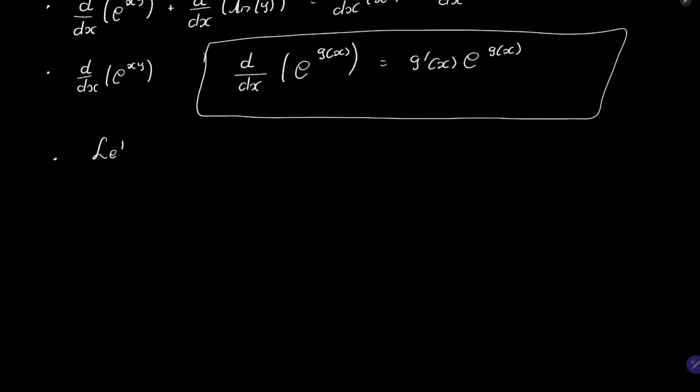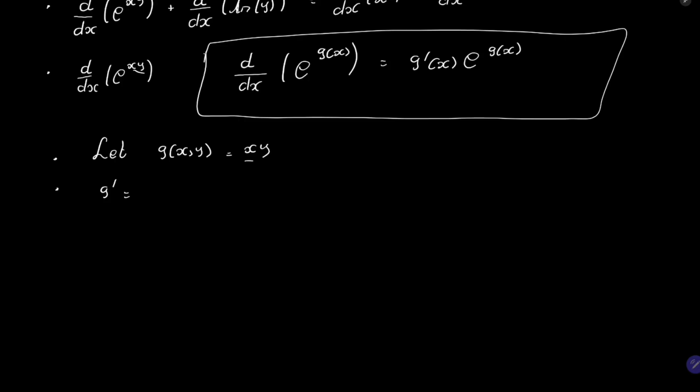So we are going to let g of xy, not just g of x, because in this our case, g is a function in terms of x and y. So let g of xy be the function x times y. So we then need to calculate g prime of x. In order to calculate g prime, the first thing we observe is that this is the product of two functions.